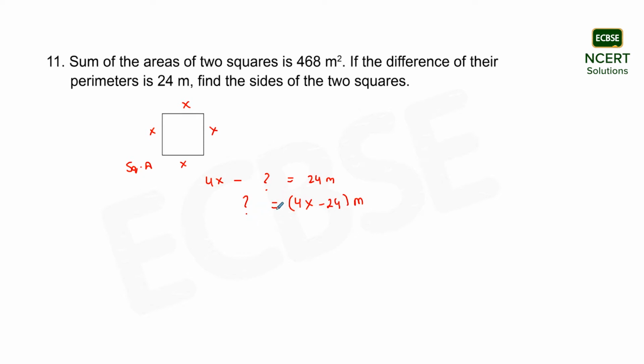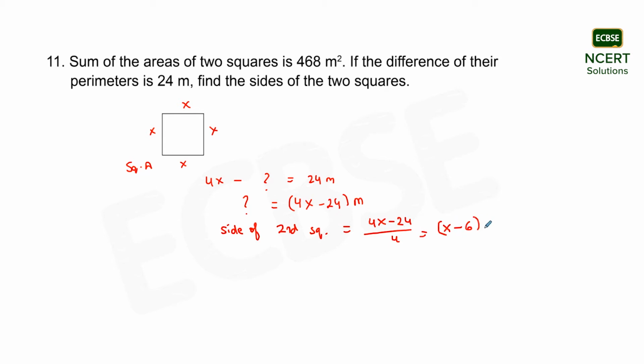If the perimeter is 4x minus 24 meter and we need to find the side of the second square, then we have to divide its perimeter by 4. So the side of the second square comes out to be (4x minus 24) divided by 4, which is equal to x minus 6.